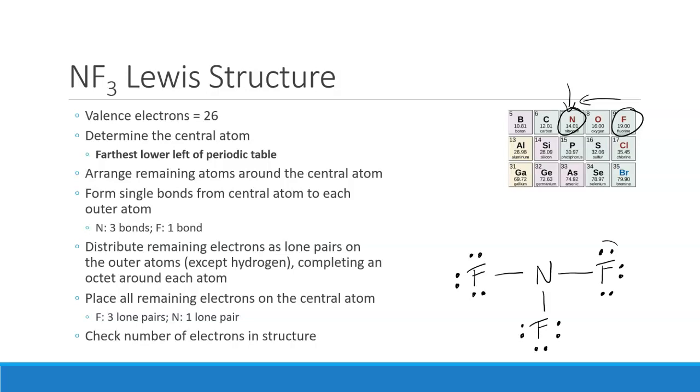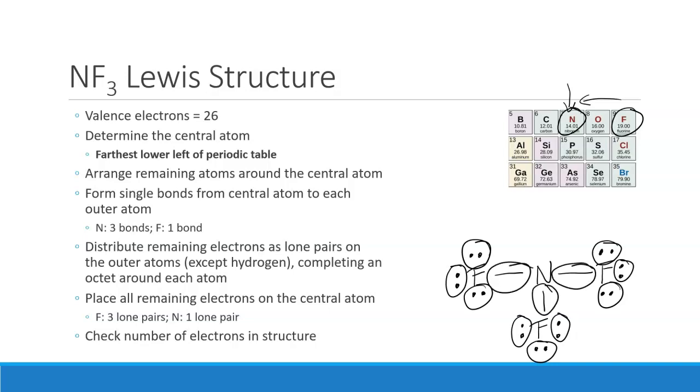On the fluorine here, there's 2, 4, 6, and if we want to, we can count up all the lone pairs first. So that'd be 6, 8, 10, 12, 14, 16, 18. And then remember that each bond counts as 2 as well, so 18, 20, 22, 24.